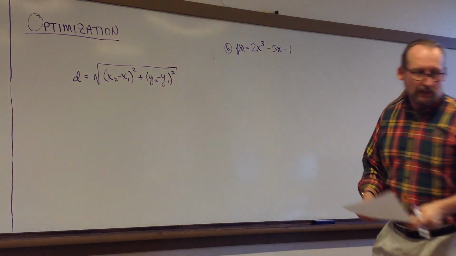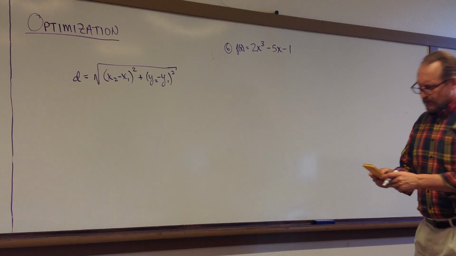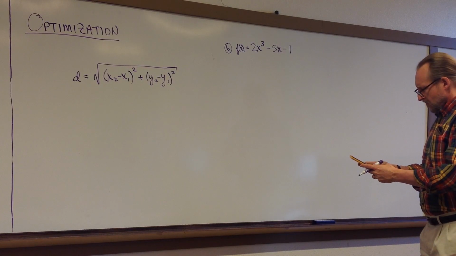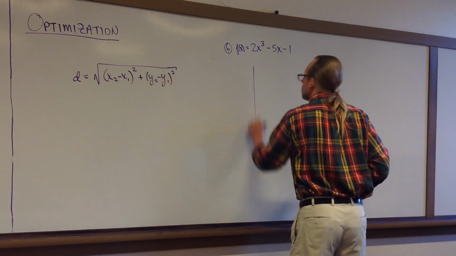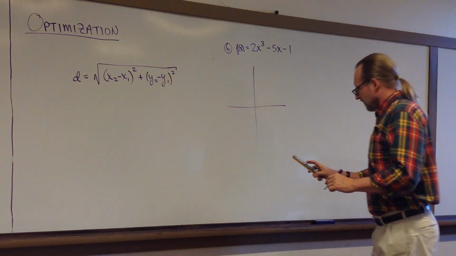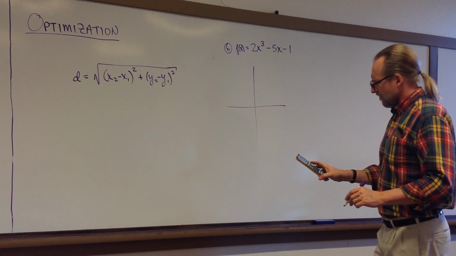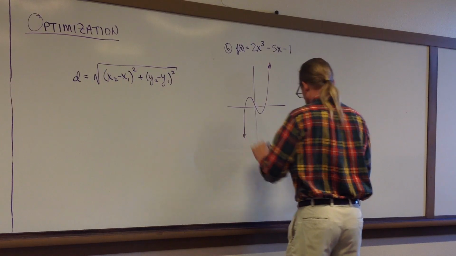Let's look at that graph. That one, I'm not going to be able to just draw a little sketch of. 2x cubed minus 5x minus 1, what is that going to look like? It's a kind of a standard cubic doing this.